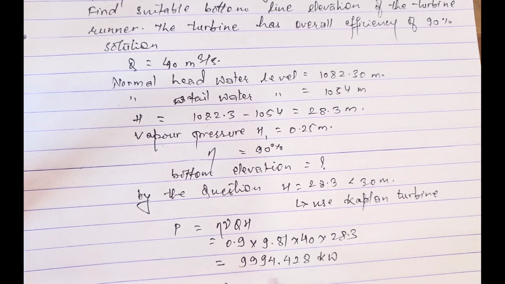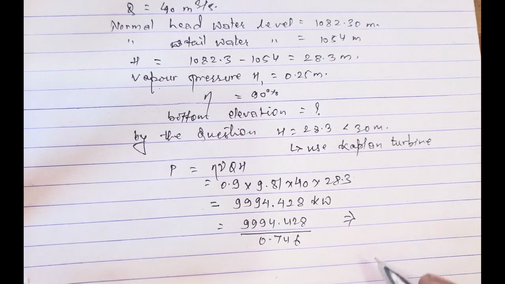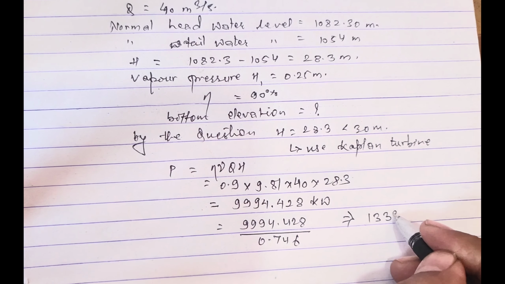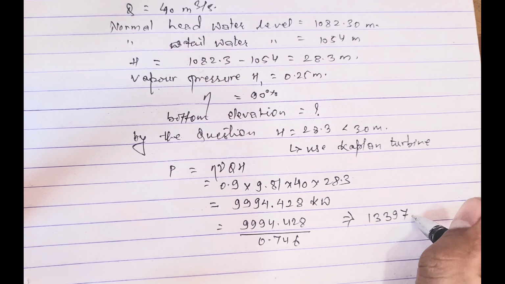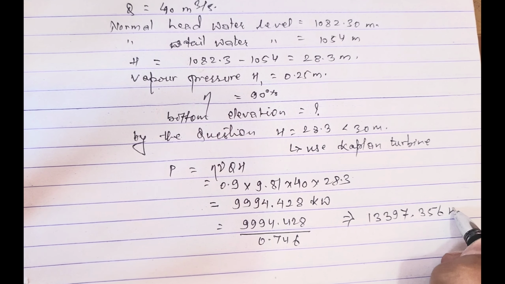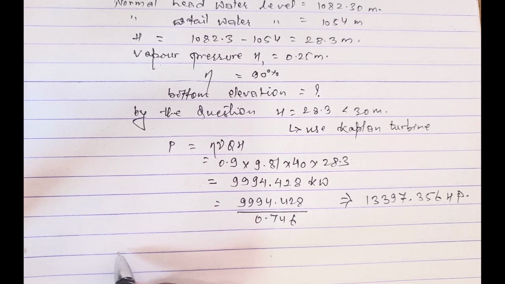Let us convert this value into horsepower. 9994.428 divided by 0.746 equals 13397.356 horsepower.